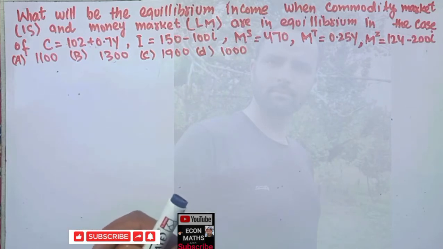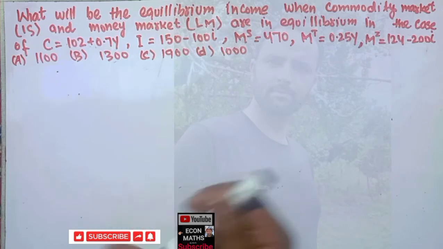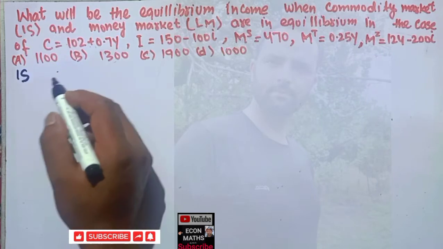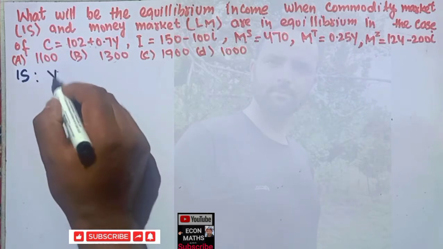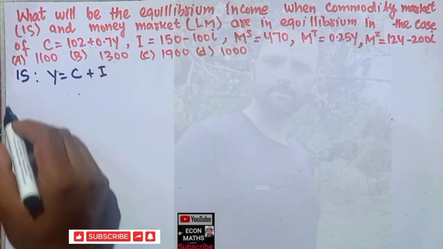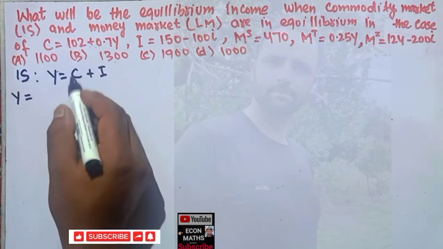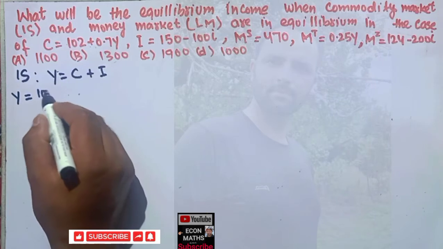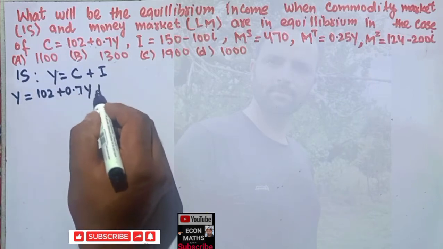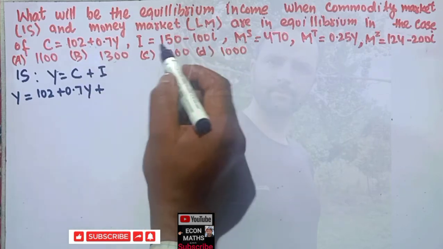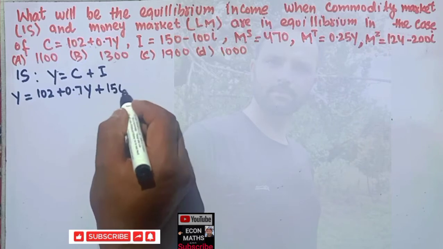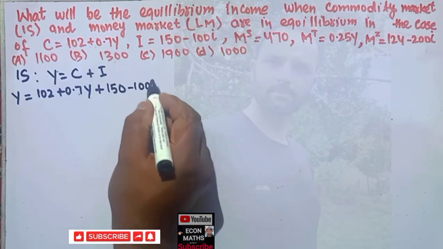Now our goods market equilibrium requires that the IS equation is given by y equal to consumption plus investment. So I will write y is equal to 102 plus 0.7y plus our investment function, 150 minus 100i.